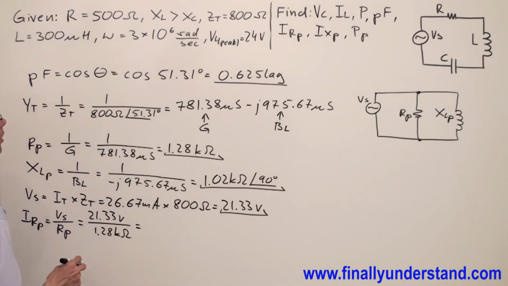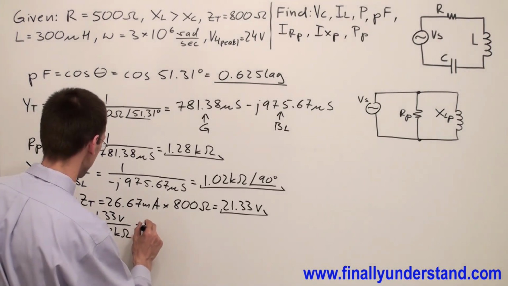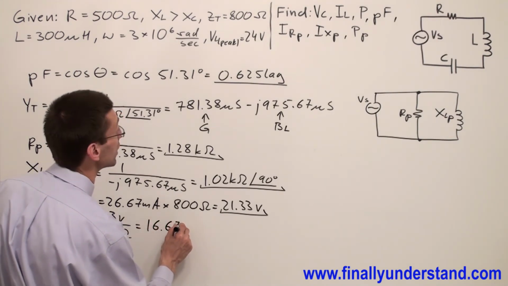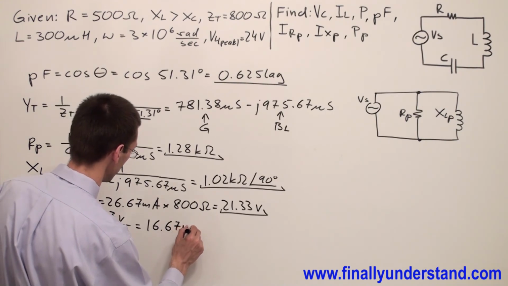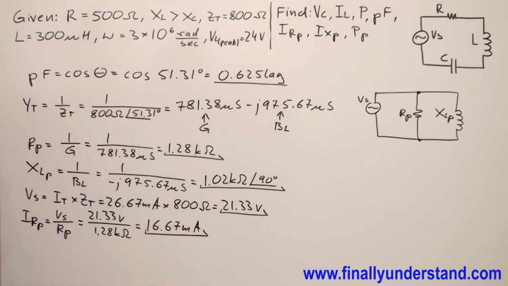This is equal 16.67 milliamps. Okay, so this is the current which goes through the resistor R_P.